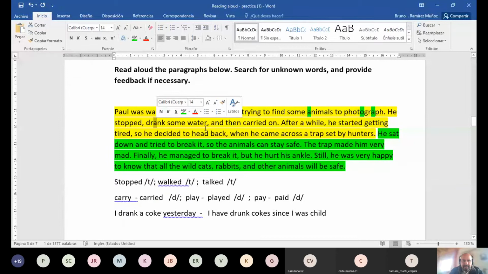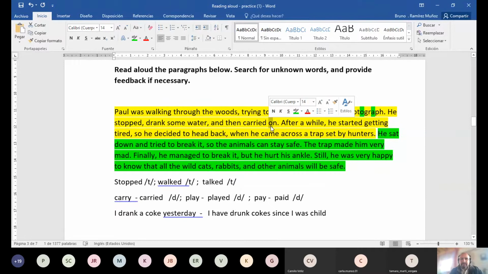Drank some water. And then carried on. So since this is a d, maybe we can link it. Carried on, right? Always strive for linking the final consonant sound with the next vowel sound, because when you link, that helps your fluency. That makes you a more fluent speaker, right?